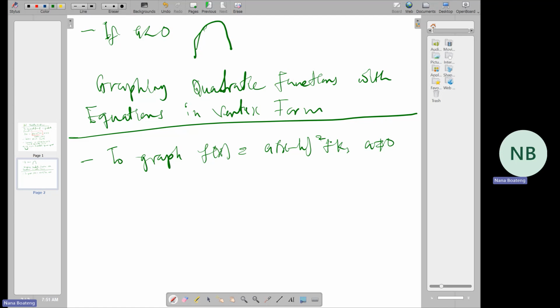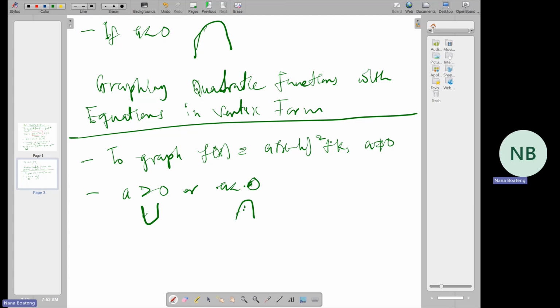All right, so these are the steps that we take. First of all, we have to determine whether a is greater than 0 or less than 0. If a is greater than 0, then the function opens upward. If a is less than 0, then the function opens downward.